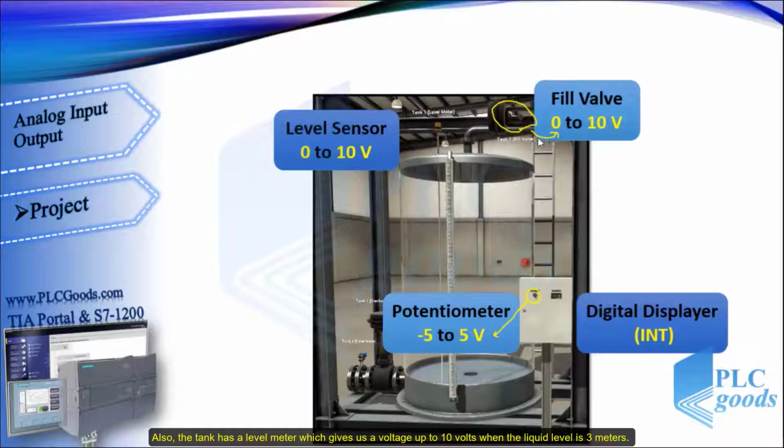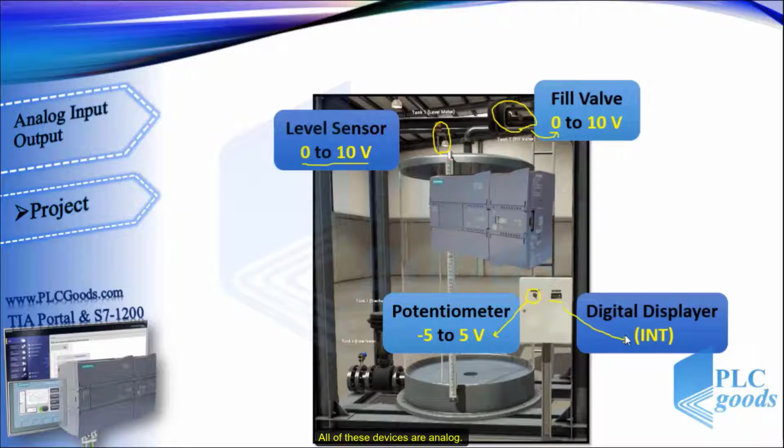Also, the tank has a level meter which gives us a voltage up to 10 volts when the liquid level is 3 meters. Finally, this is a digital LED display that receives and displays integer numbers. All of these devices are analog.